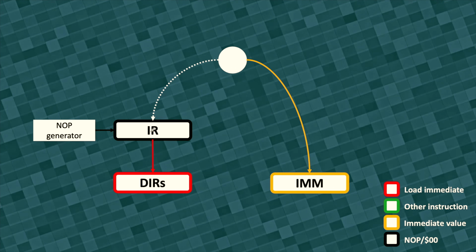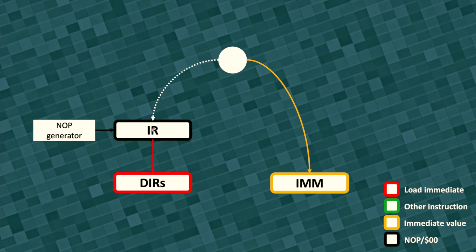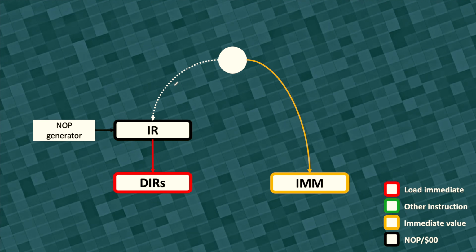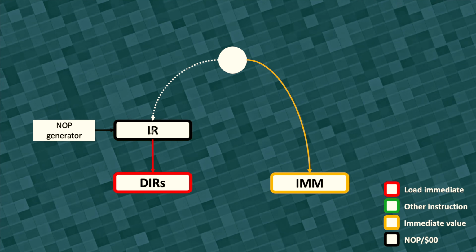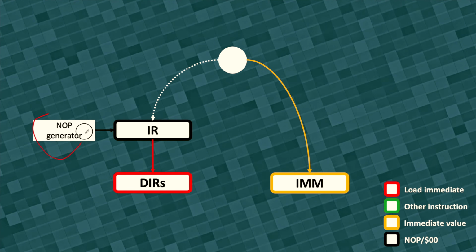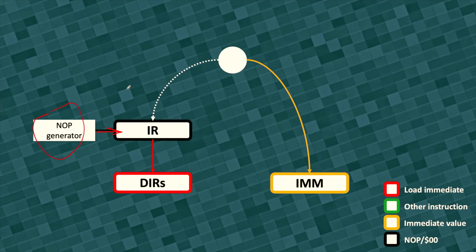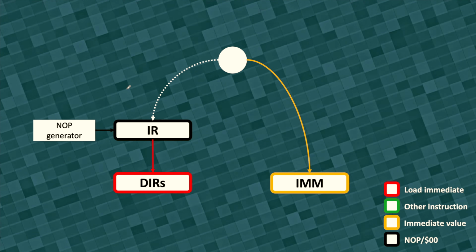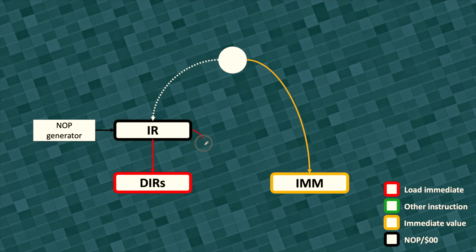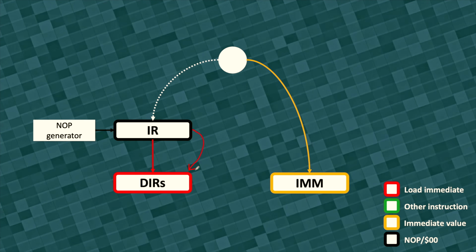You would be executing an instruction that isn't an instruction, it's an immediate value. So instead of latching it in the IR as well, like before, the no-op generator kicks in and latches a no-op in the instruction register. And then when the next cycle comes, that no-op will go down.